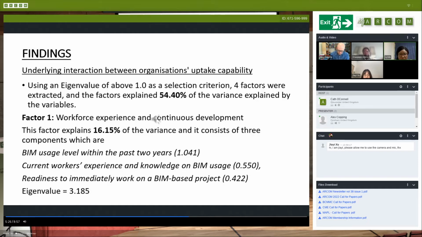Factor 1 is made of 3 components, and the whole explains 16.15%. The highest contributing component is BIM usage level within the past 2 years, and factor 1 speaks of the past workforce disposition, current workforce ability, and the readiness to engage in service delivery now and henceforth.